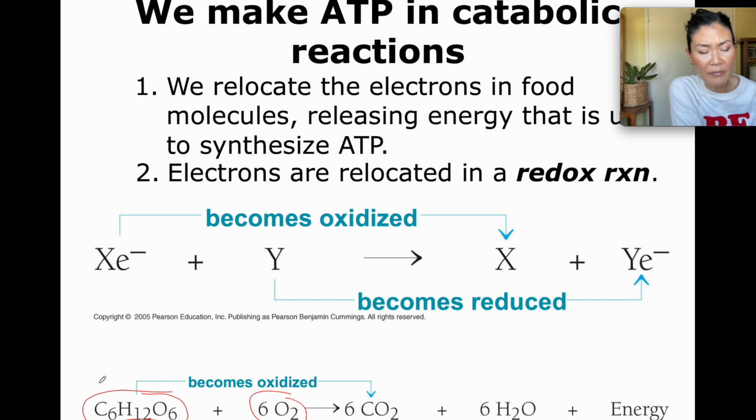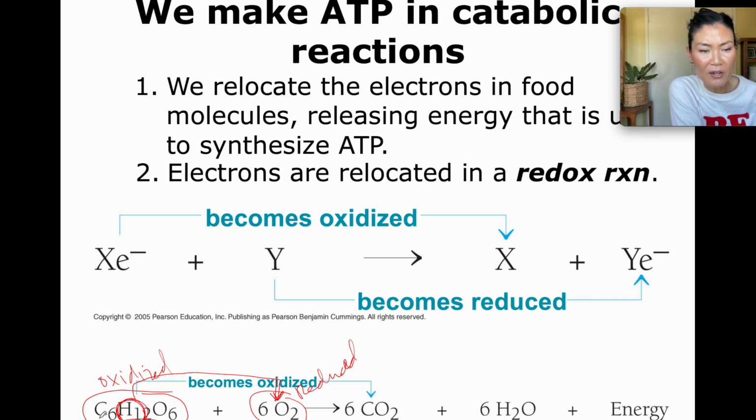So glucose gets oxidized, and then the O2 gets reduced. That's the molecule that gets reduced. It's going to gain electrons. And you can see that here in the form of hydrogen. These hydrogens, the electrons are going to move over to the oxygen in the form of hydrogens, okay?